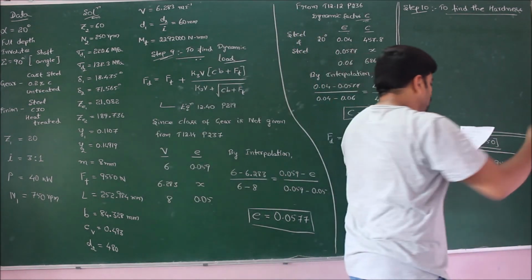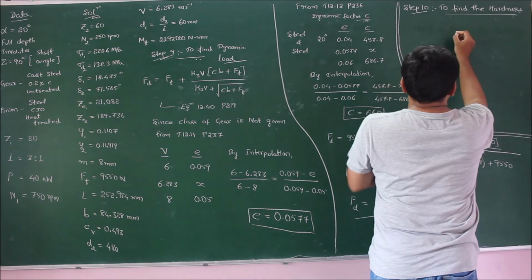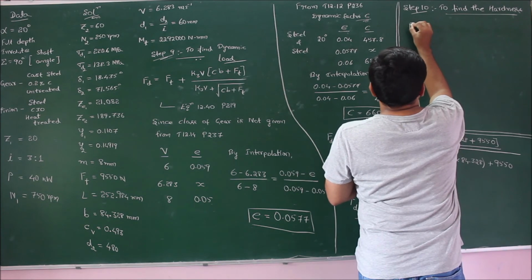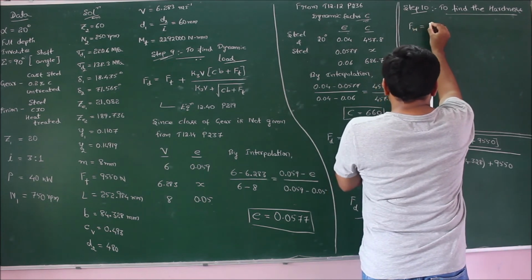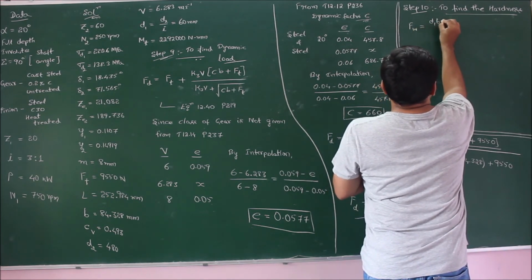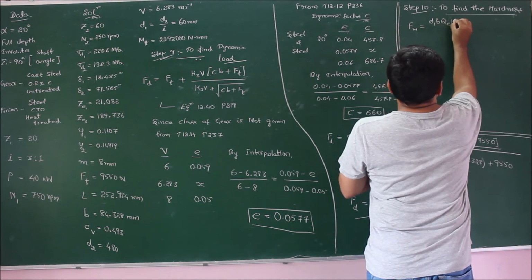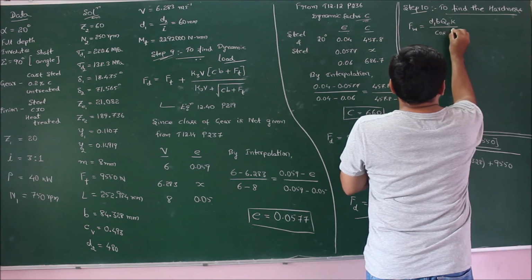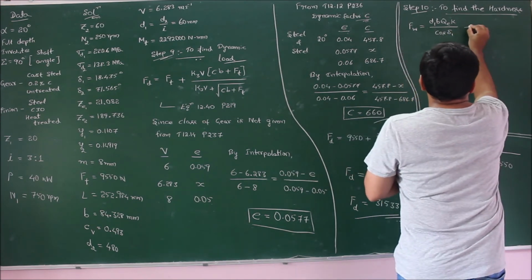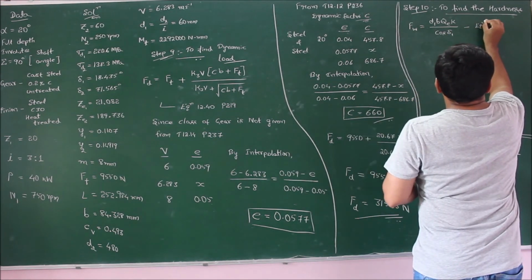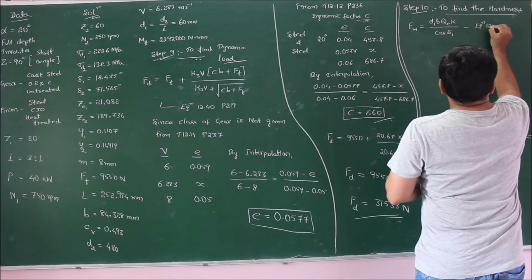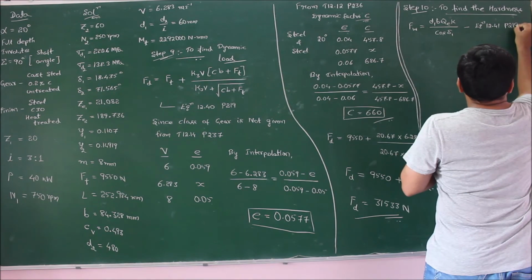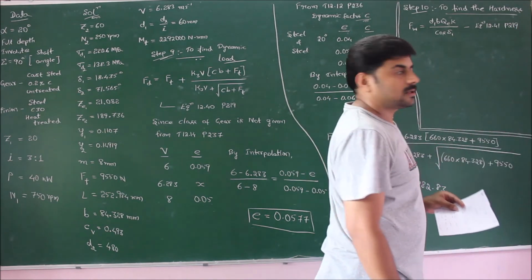From equation 12.41 of page number 219 of our design data handbook, we know that the wear load Fw is given by D1 B Q equivalent into stress factor K divided by cos of delta 1. So this is from equation 12.41, page number 219 of our design data handbook.